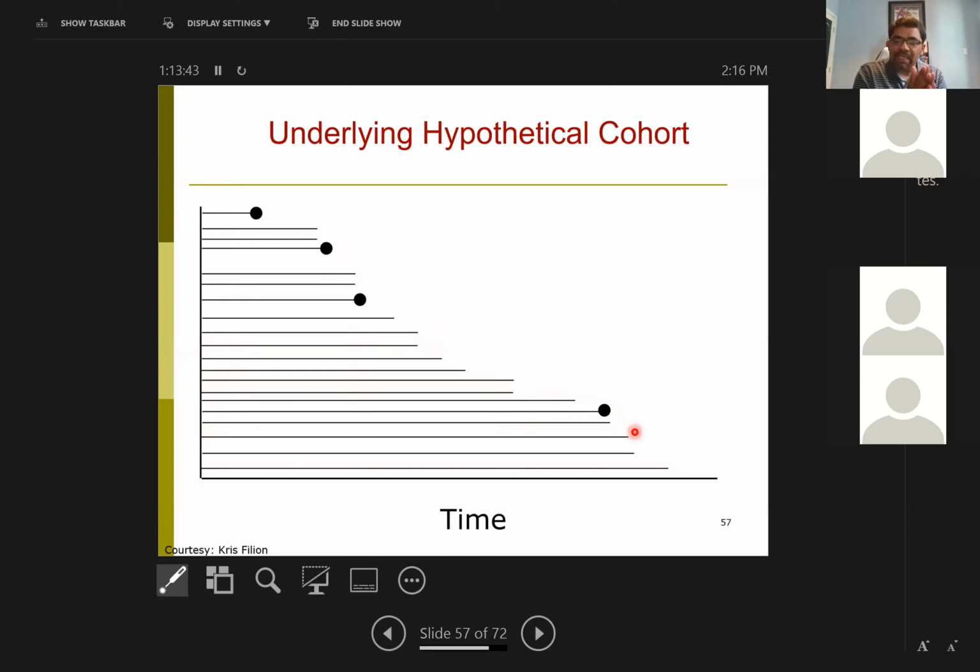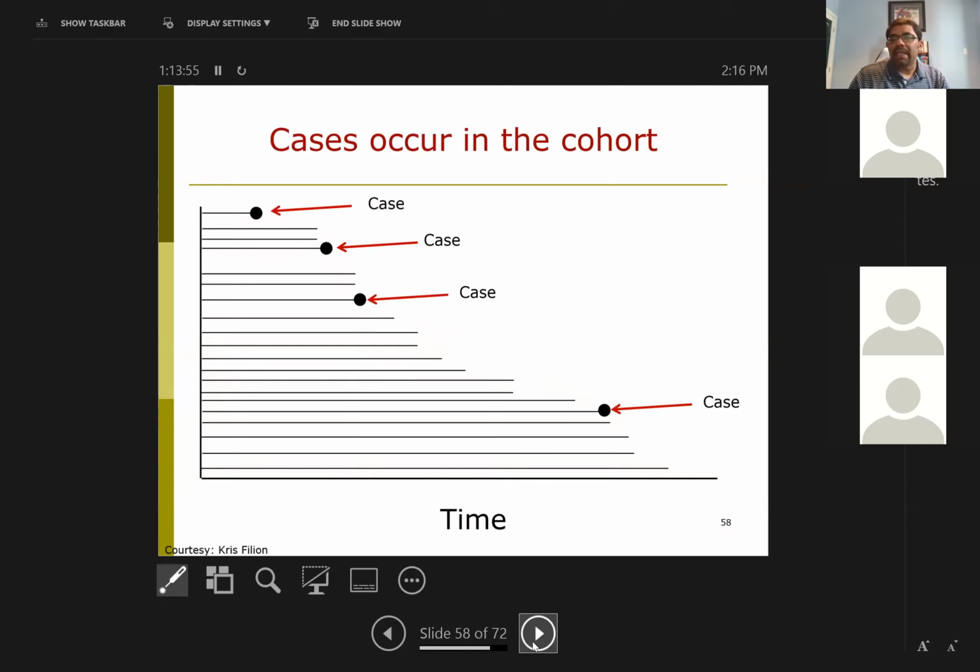You start at the baseline, you measure the exposure, then you wait until you have disease or illness popping up in the cohort. So those are the cases that would occur in a cohort. And we would get something called the incidence. Incidence is the number of new events that occur in the total denominator, or the number of people being followed up.